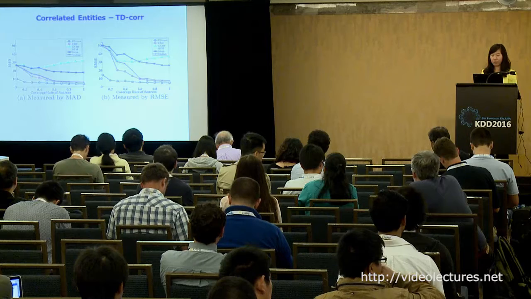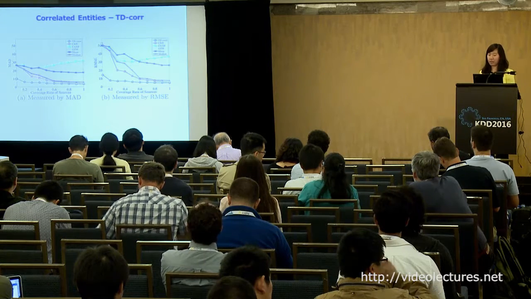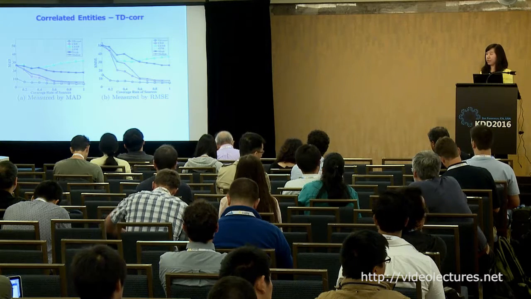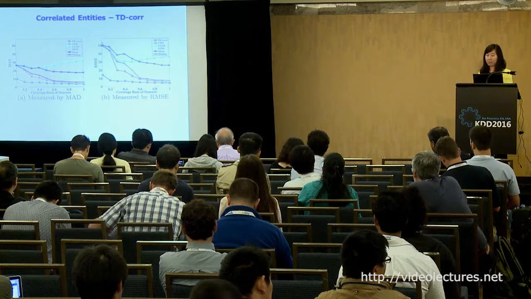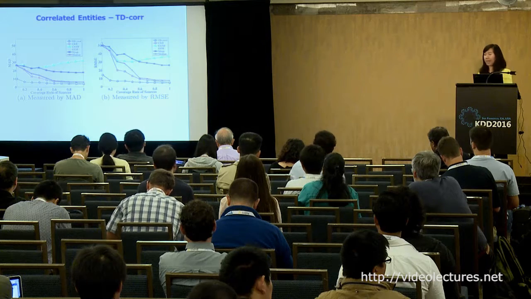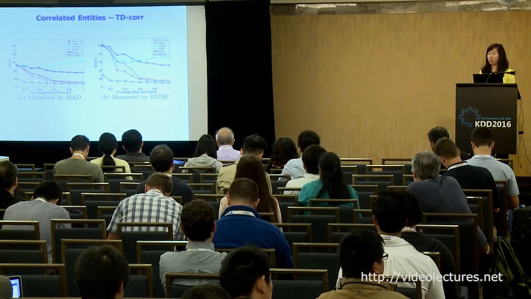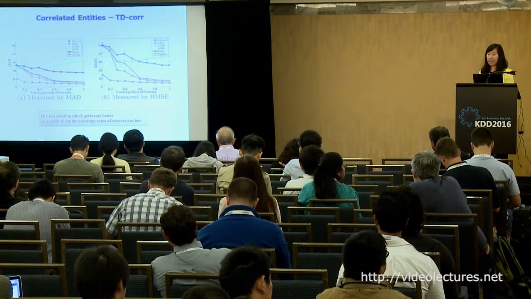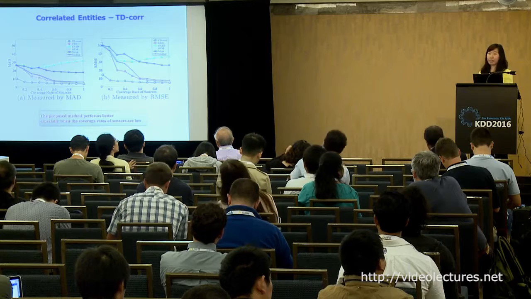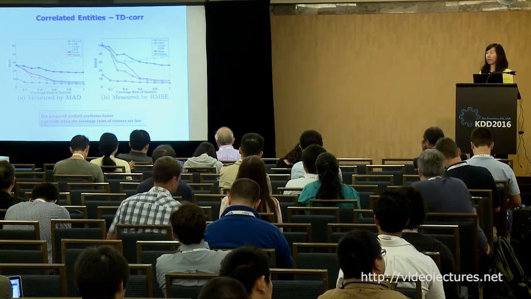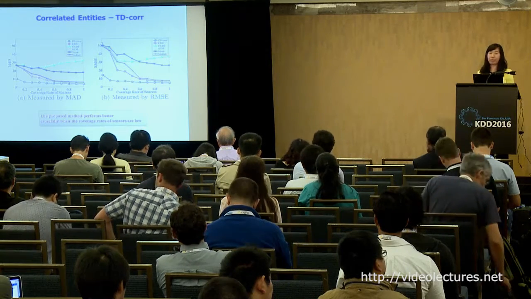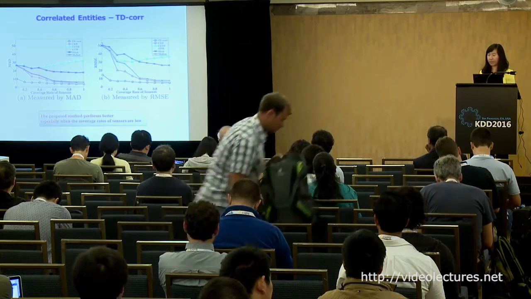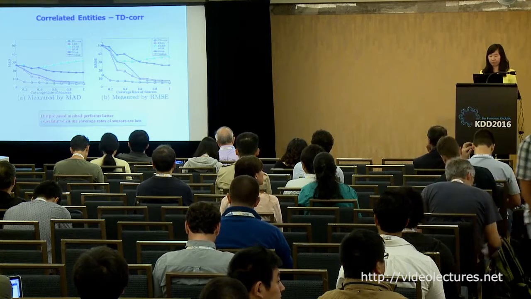The measures we use are the mean absolute distance on the left-hand side, and the root mean squared error on the right-hand side. We can see that our approach achieves better performance than the baselines, especially when the coverage rate is low. So incorporating this correlation information can really help improve aggregation accuracy.